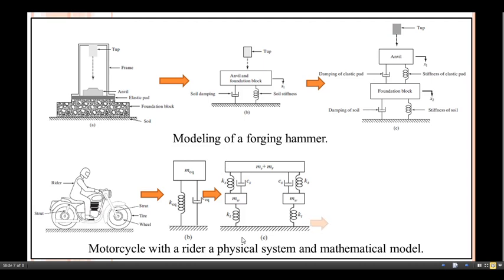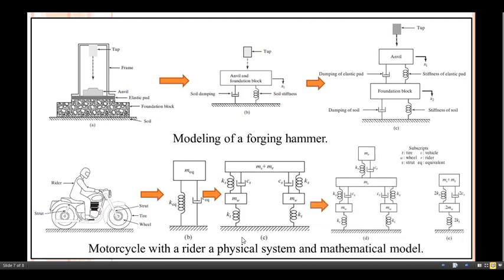Now if I redefine this model by considering the separate mass of the rider and the separate mass of the vehicle, then we need to consider the stiffness that comes from the rider itself.